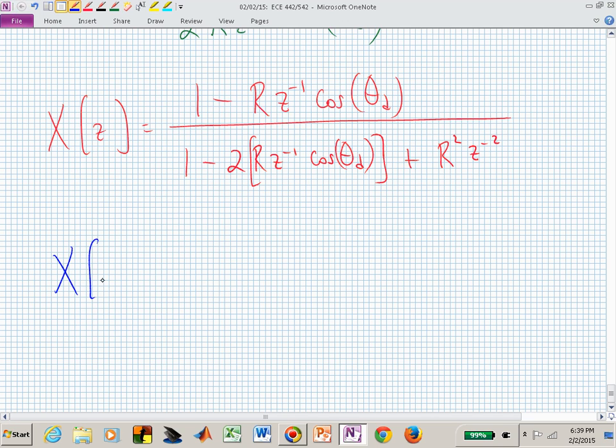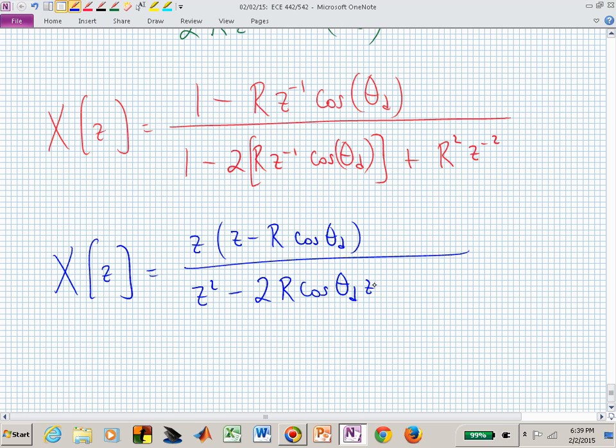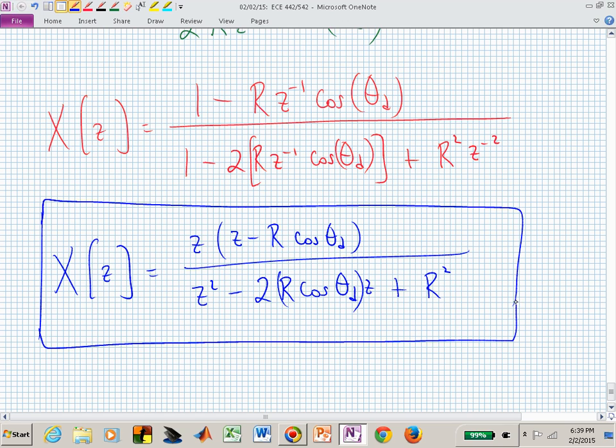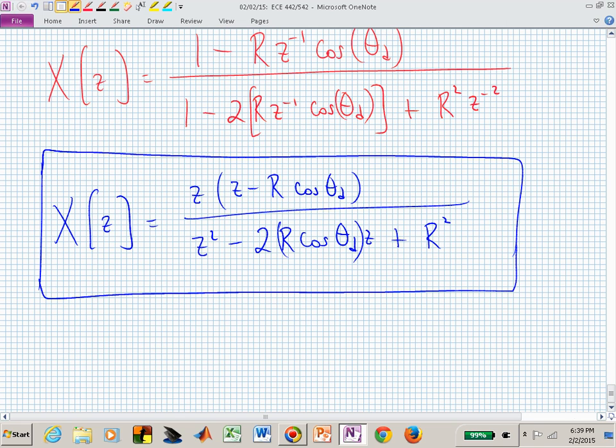Then we have capital X of z is now z times z minus r cosine of theta sub d, and downstairs we have z squared minus 2r cosine theta sub d z plus r squared. That's now the Z-transform of an exponentially damped cosine.